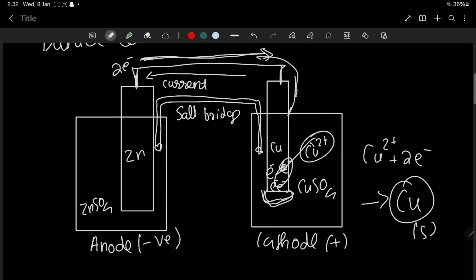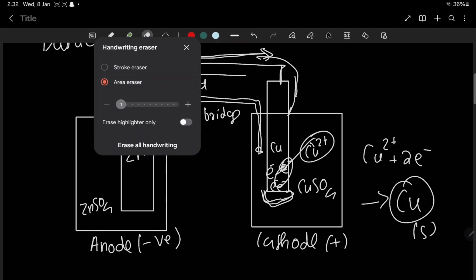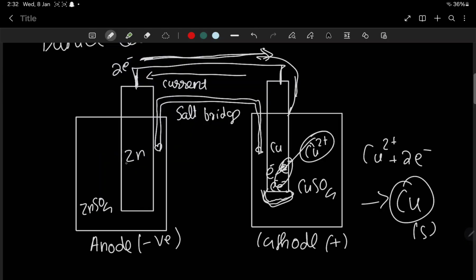So at last, after some time, Zn gives its 2 electrons and comes back into the Zn2+ solution. The zinc electrode vanishes, like after giving all its electrons.